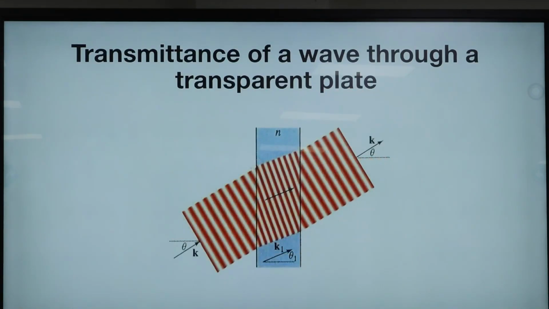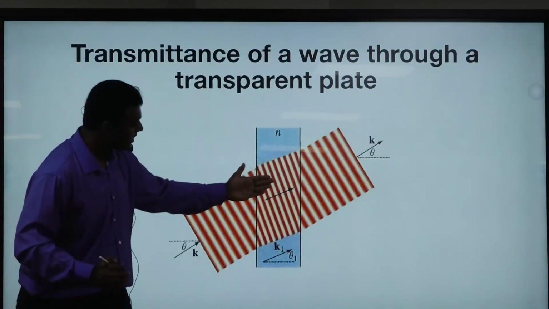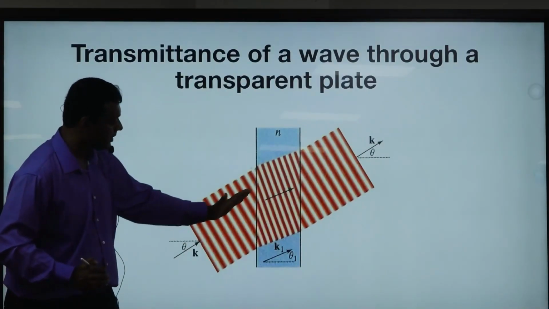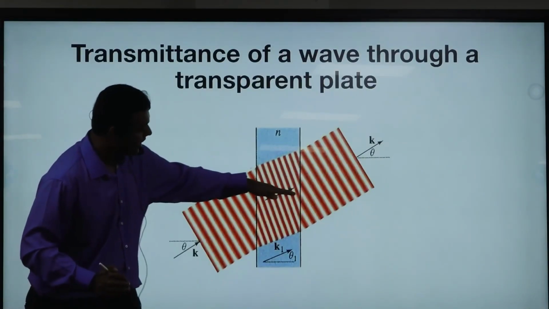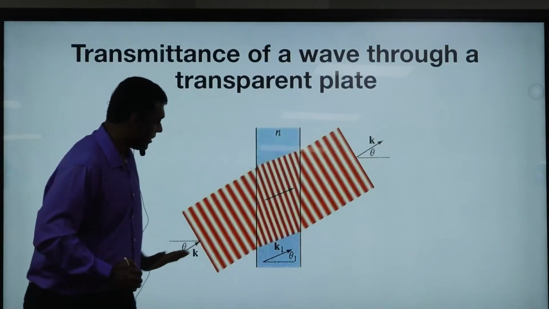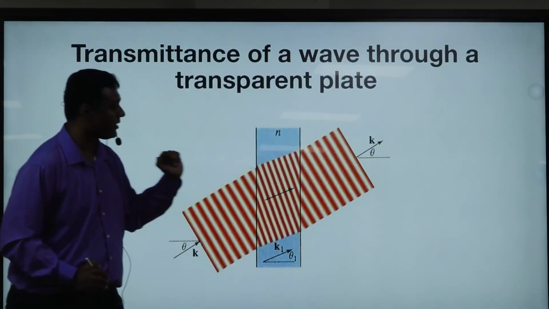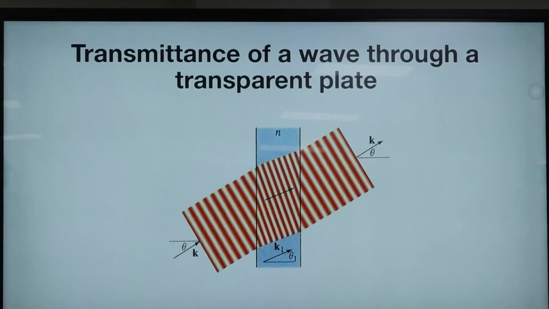Instead of it falling perpendicular, what happens if you tilt it and it goes through the glass? The wave comes in, tilts a little bit, and changes direction. The k vector becomes k1, the wavelength is shorter, and again it comes back. So these are parallel to this. The direction in and out is the same, which is k, but this is the shape of the wavefront inside the medium.